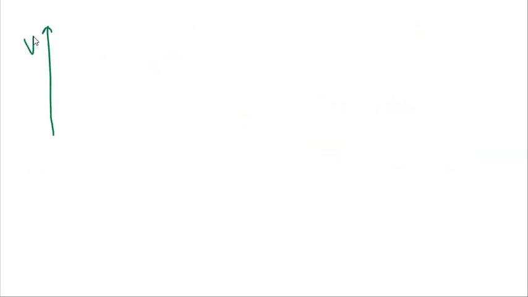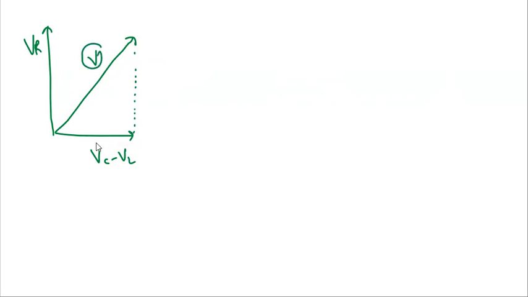This is the voltage across the resistor, this is VC minus VL, and this is our net voltage V. We know that current is in this direction, the same as the voltage across the resistor, and this angle is phi, our phase difference.